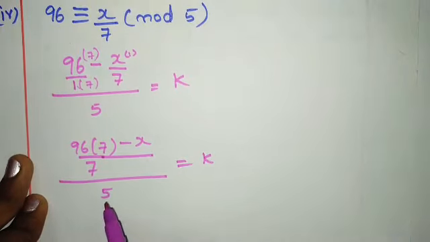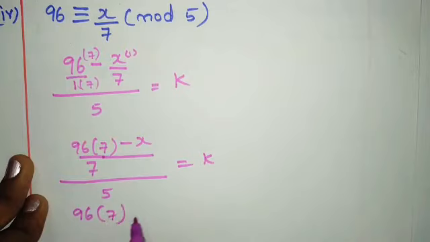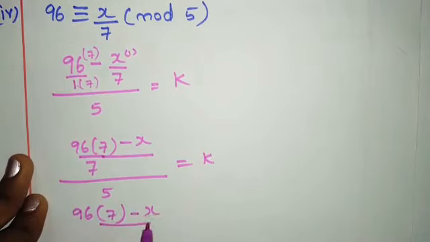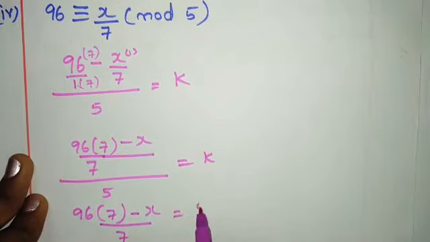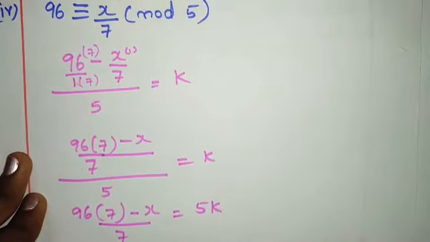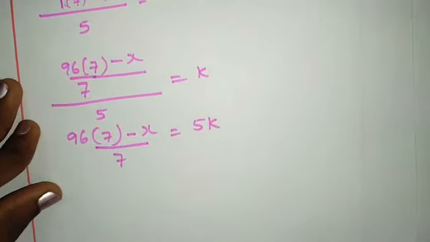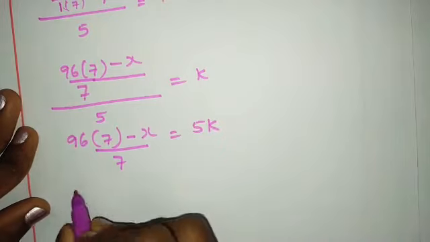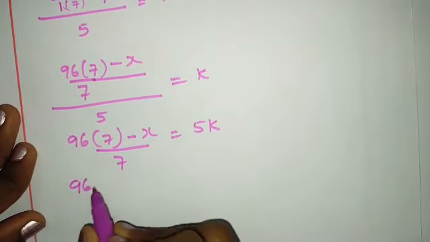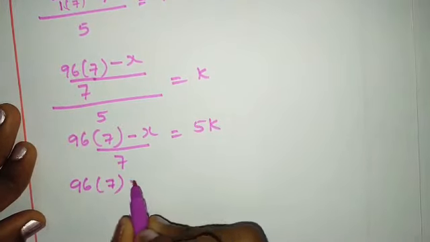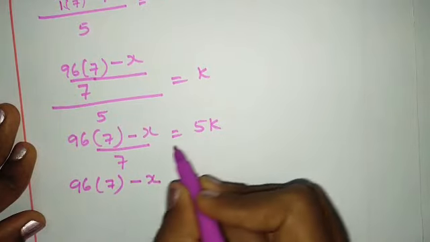Okay. So now I'll shift this k that side. 96 into 7 minus x divided by 7 is equals to 5k. Okay. So now what we'll do? 96 into 7 minus x, shift this 7 that side.